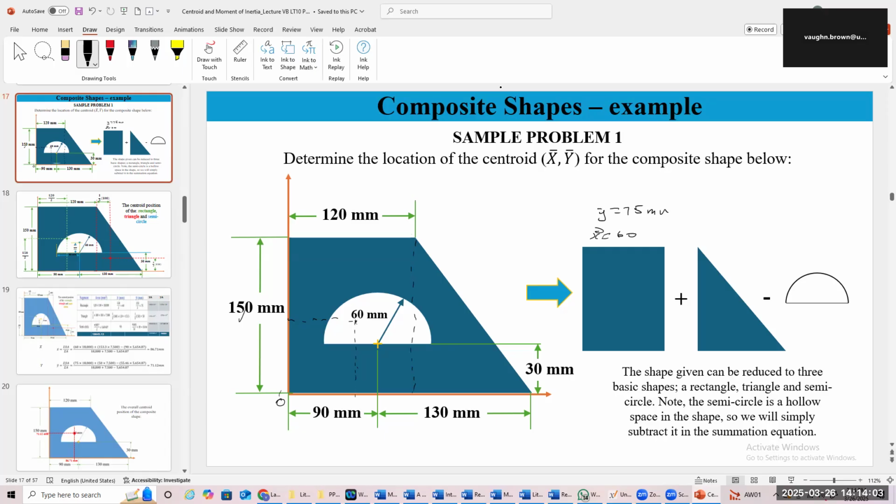For the triangle, we must take 1/3 the base and 1/3 the height. How much is the base now?